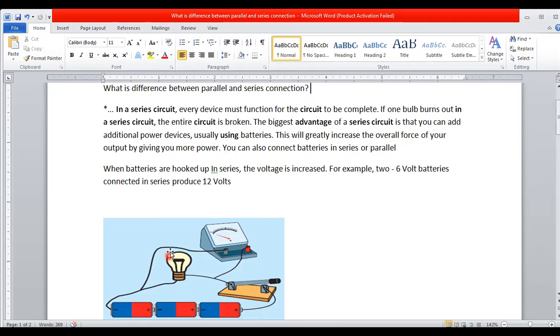Now, if we want to increase the brightness of this bulb, we should add some more cells to this circuit. When batteries are hooked up in series, the voltage is increased. For example, two 6-volt batteries connected in series produce 12 volts.